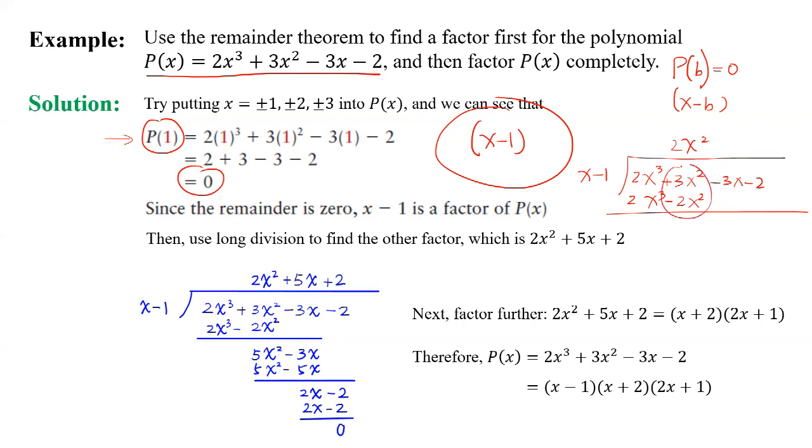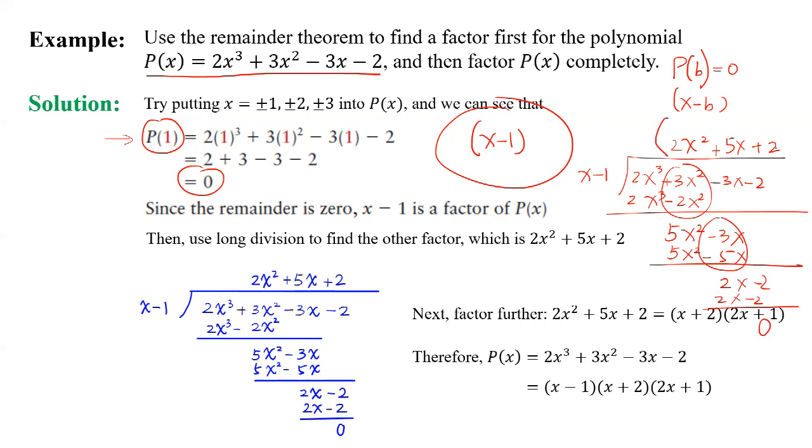And the difference between these two values is 5x squared, right? 5x squared minus 3x, we can try to land a 5x here, and then you will get 5x squared minus 5x. And then the difference between these two terms is 2x minus 2. And then we can try to land a 2 here, which you will get 2x minus 2. And you can see the remainder is 0, right?